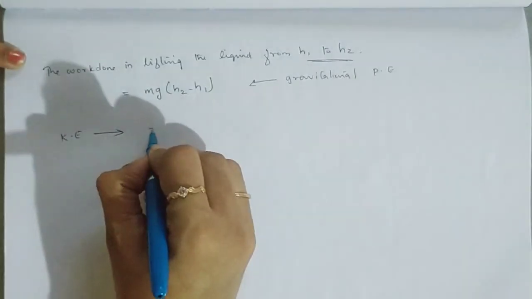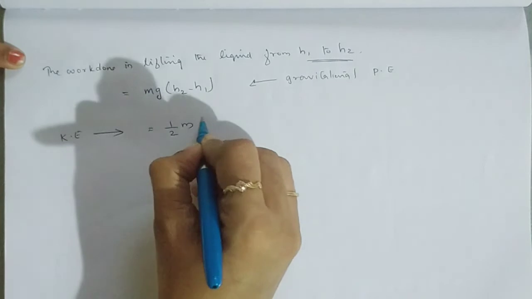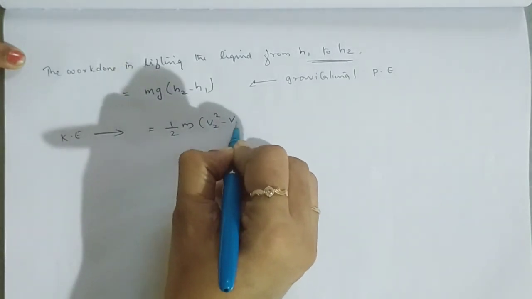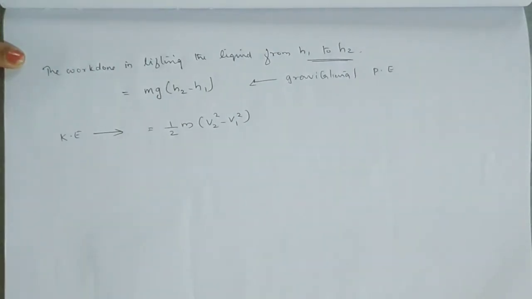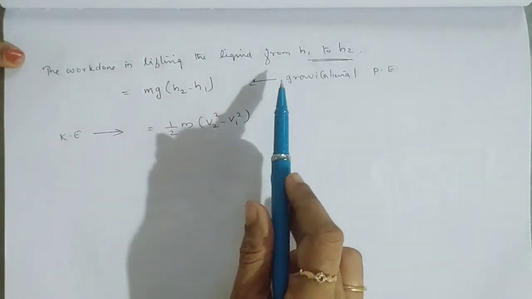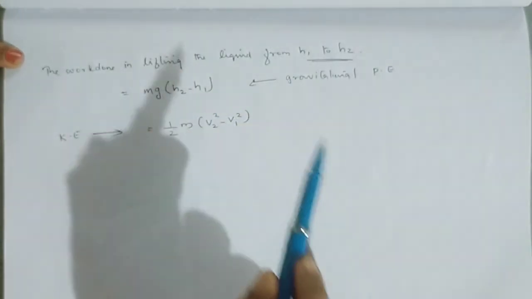ഓക്കെ, സോ വി ക്യാൻ റൈറ്റ് ദി കൈനറ്റിക് എനർജി. സോ കൈനറ്റിക് എനർജി half m (V2 square minus V1 square). Okay. Now we can write this energy. This is the gravitational potential energy. This is the kinetic energy.